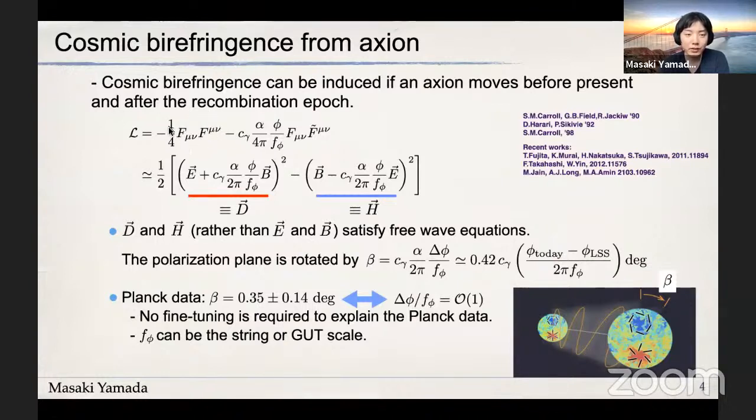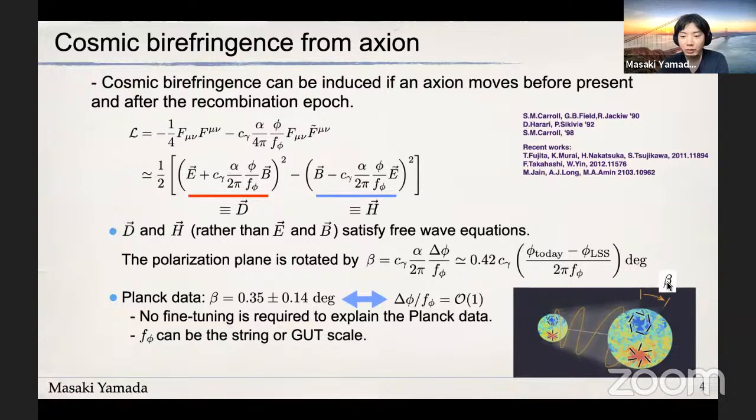So we can complete the square of these terms in this way. Then you can see that this combination and this combination satisfy free wave equations in vacuum. So this means that if the field value of the axion changes, then the polarization plane is rotated by a factor of this combination.